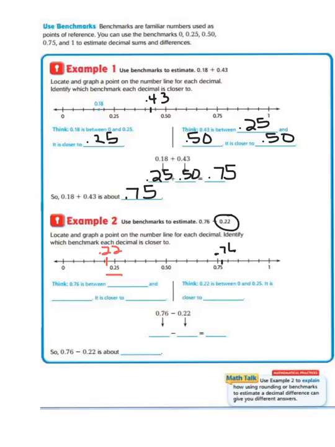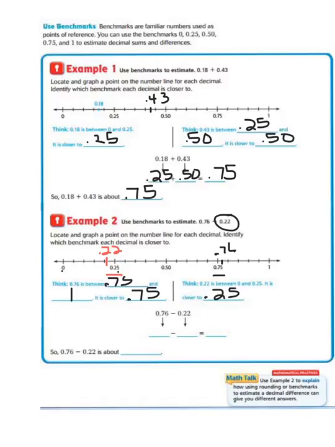So 76 hundredths is between 75 hundredths and 1, but it is closer to our 75 hundredths. Now our 22 hundredths is between 0 and 25 hundredths. It is closer to the 25 hundredths.